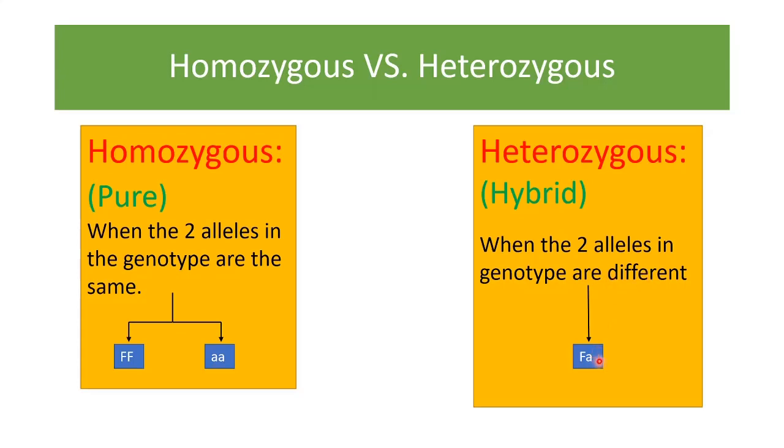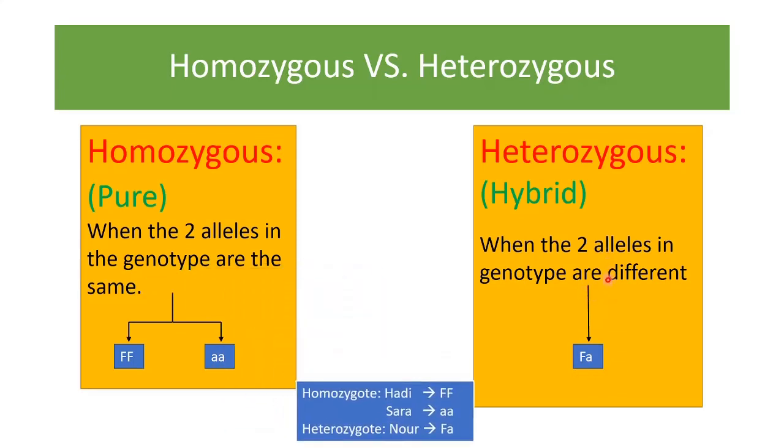In our example about the earlobe, if an individual has genotype FF, so he has two similar alleles, F and F, he has a homozygous genotype. If he has AA, again he has two similar or identical alleles, so he has a homozygous genotype. Whereas if a certain individual has two different alleles for this trait, for example FA, he is heterozygous, or he has a heterozygous genotype.